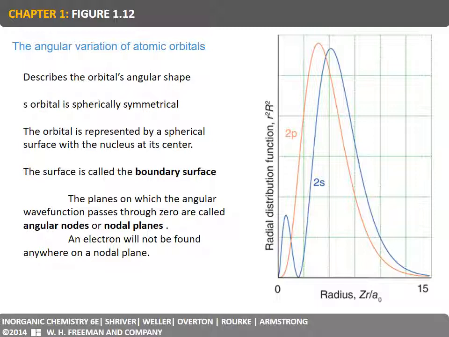So in general, an orbital with quantum number L will have L nodal planes. In an S orbital, L is 0, therefore no nodal planes, and the boundary surface of an S orbital is spherical.